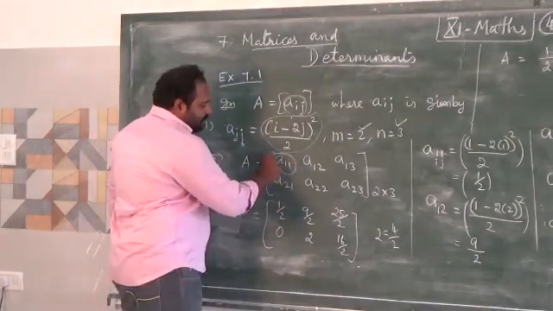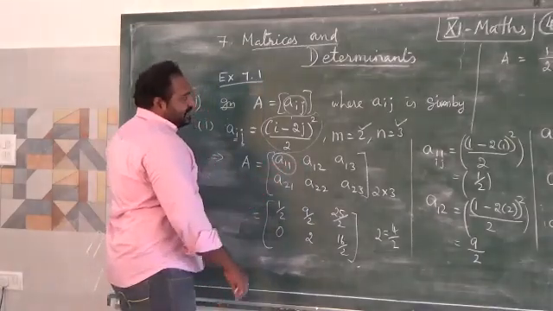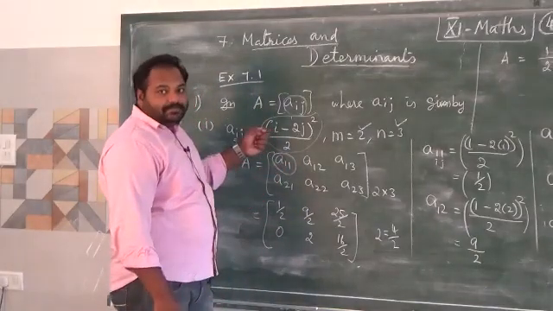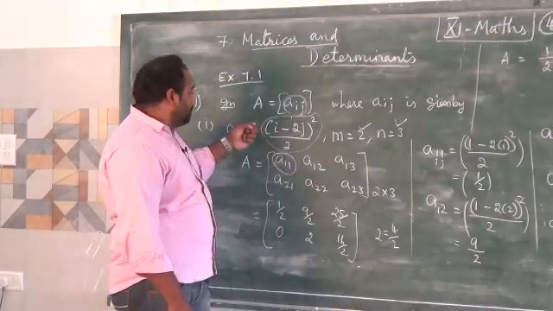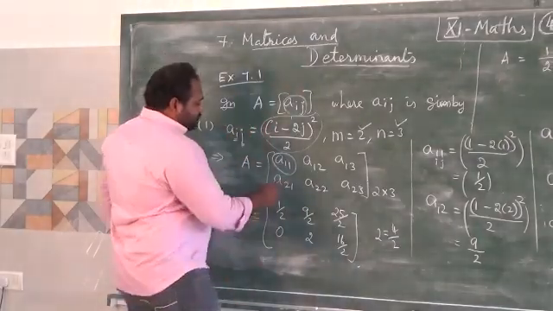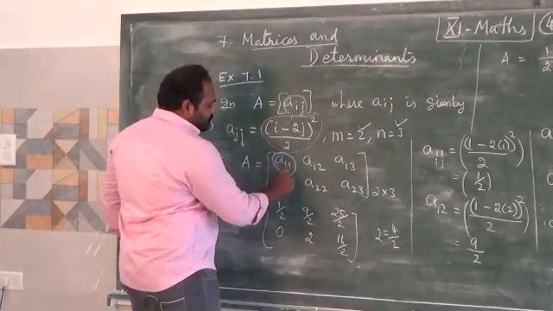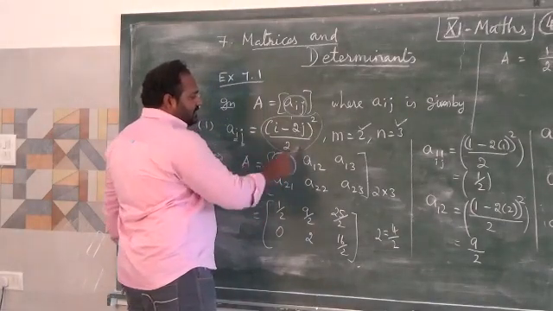This is the general form, but we need exact values for the required matrix, so I found the values of A11 by using this condition.